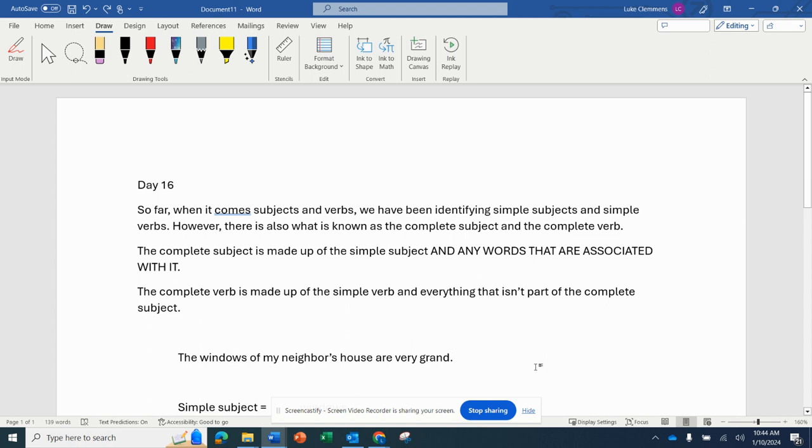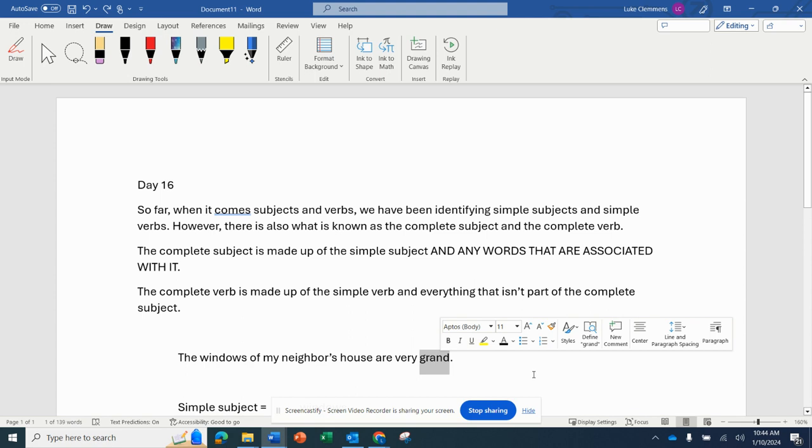I know that that's always going to be a verb of some kind, either helping or linking. Now remember, if it's helping, it's going to be next to some sort of ing action word like are running, are talking, are listening, are thinking. Otherwise, it's going to be a linking verb, which is what we have here. So we have are, which is linking the descriptor of grand to our subject.